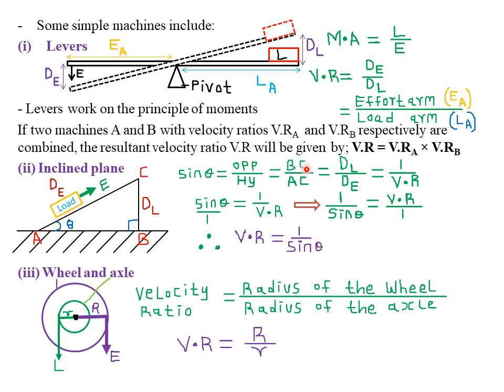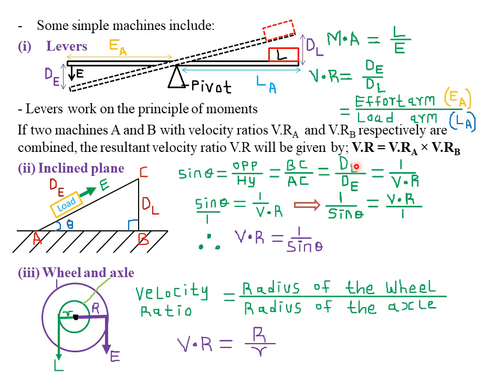So BC is equal to the load distance, DL, divided by AC, which is our hypotenuse. It is the distance through which the effort causes our body to move. Therefore, we denote that by effort distance, DE. So DL over DE, that is the load distance divided by the effort distance. But from up here, we are seeing that velocity ratio is equal to the effort distance divided by the load distance.